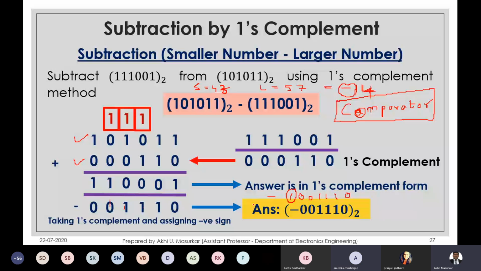Hello, sir. So, what I said is that this minus sign is only indicative. So, even if you write the answer as 1 and then you write 0, 0, 1, 1, 1, 0, that is also fine. This can also be your answer. But then you clearly indicate here that the answer is negative. That is why this bit is 1.